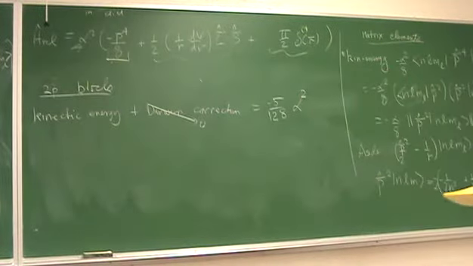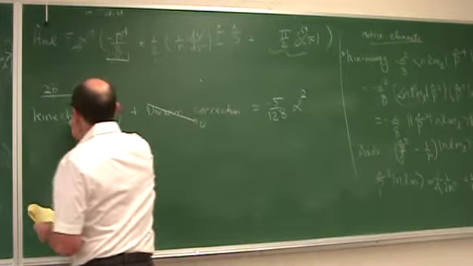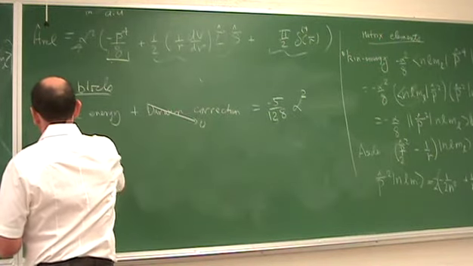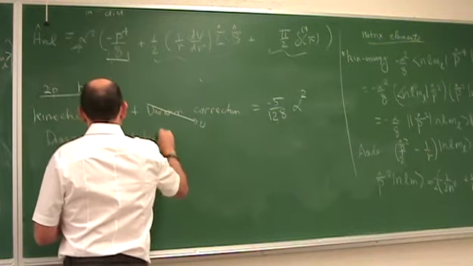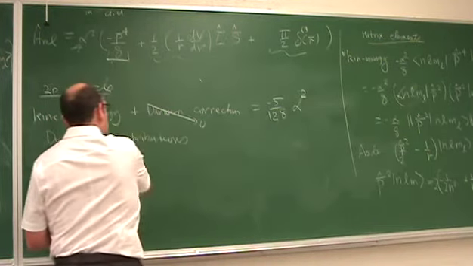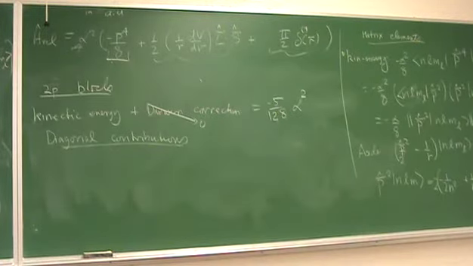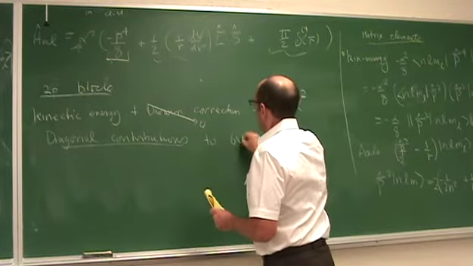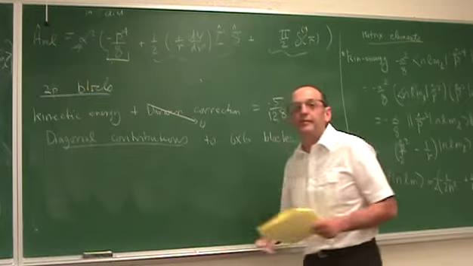Come back to that in a moment. So these correspond to diagonal matrix elements to this six by six matrix that we were discussing.